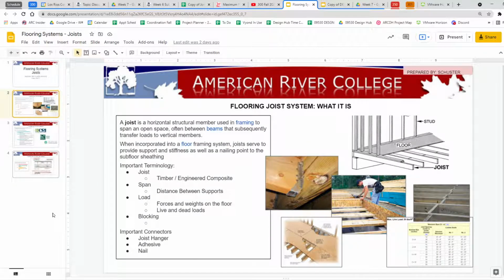So last time our floor went on a slab, so it was well supported. Wherever you stepped, there was support underneath it. But if you are not straight on the ground, and there's reasons for that, you might have a crawl space underneath so that you can get under there and work on the utilities that are running underneath.